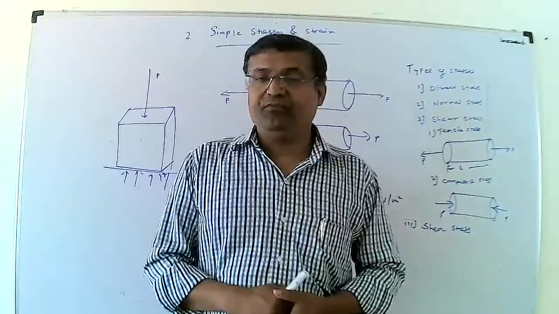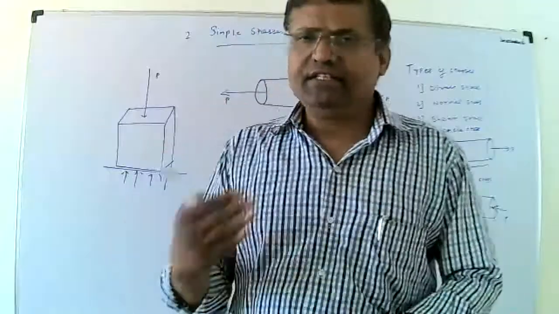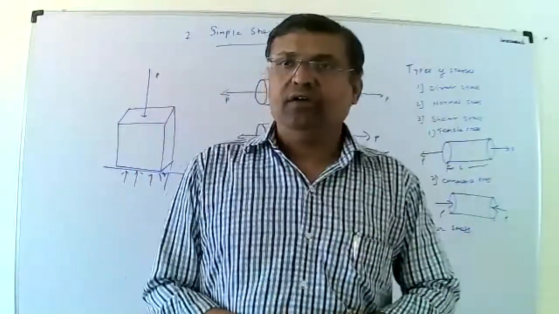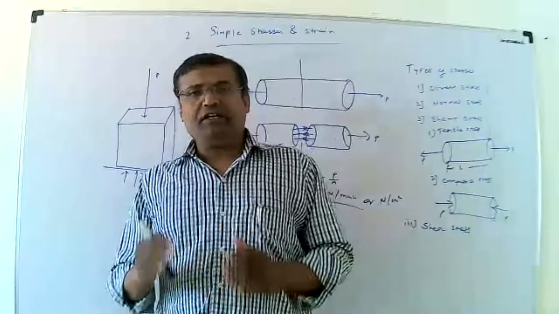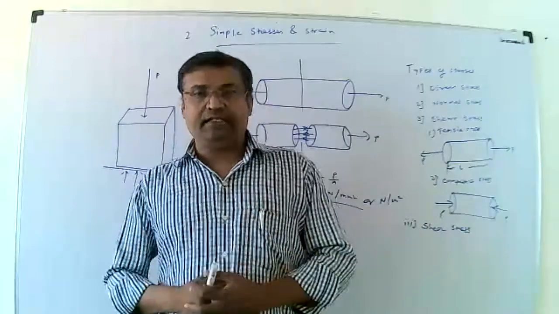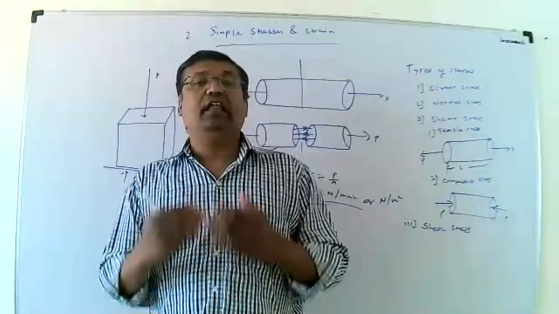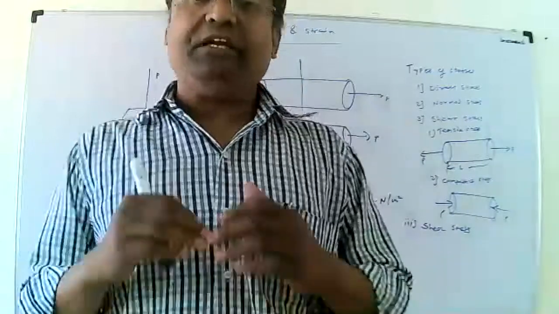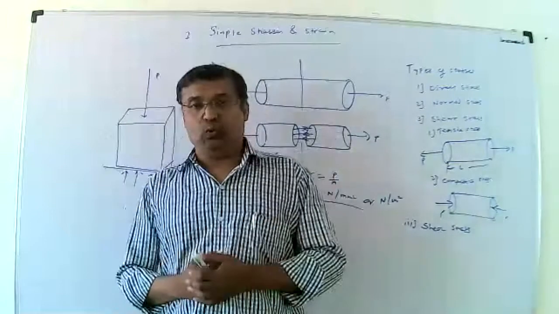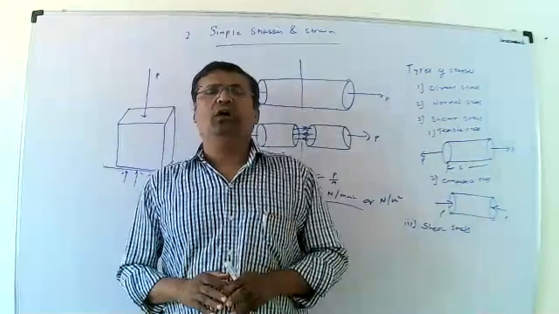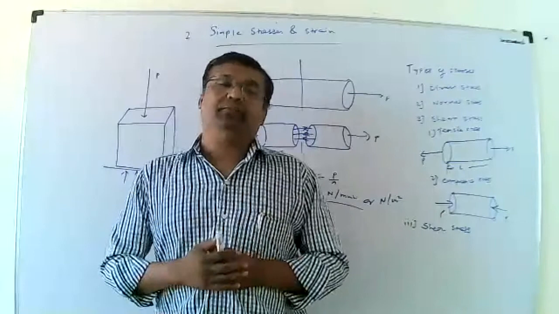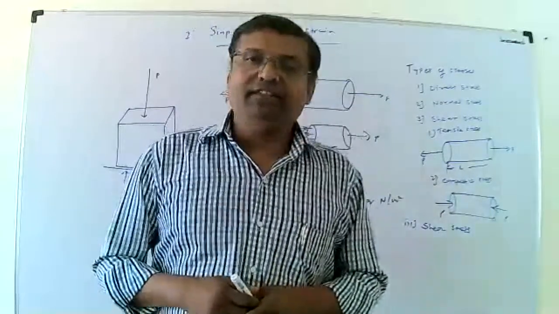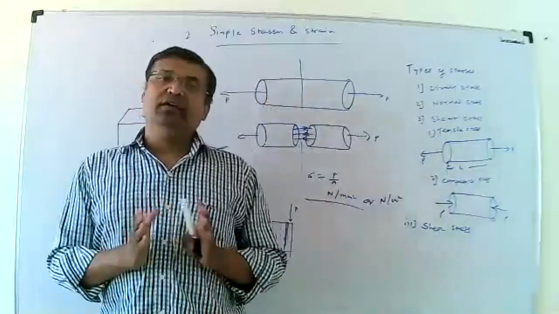In that situation, eccentricity will occur between the applied load and the axis. An eccentric load always acts away from the centroid of that section. That is the difference from the direct load.